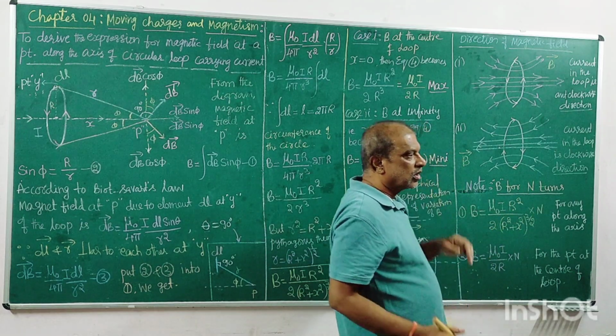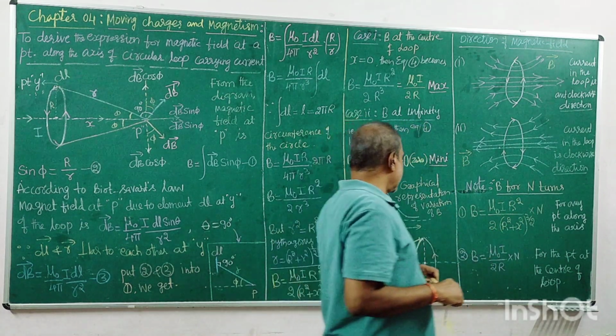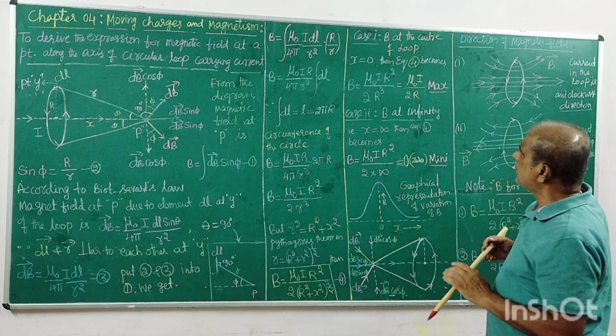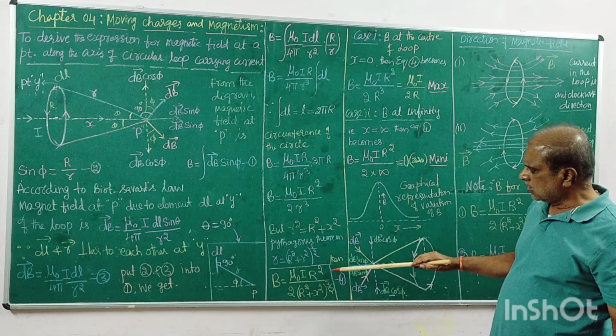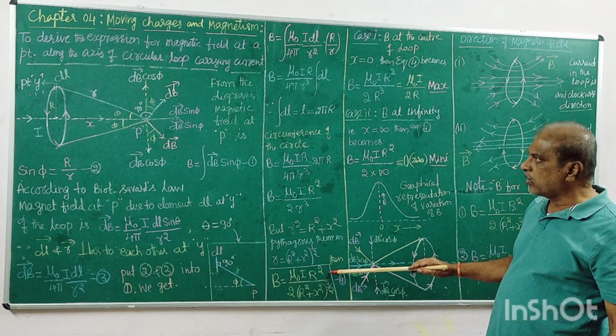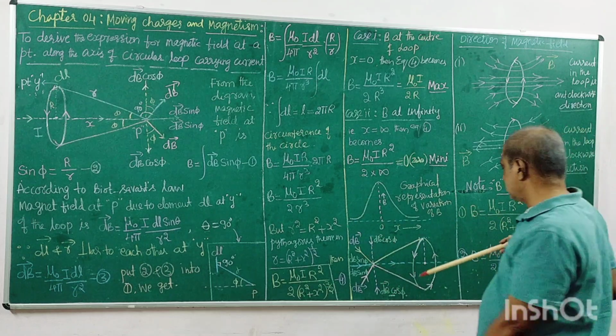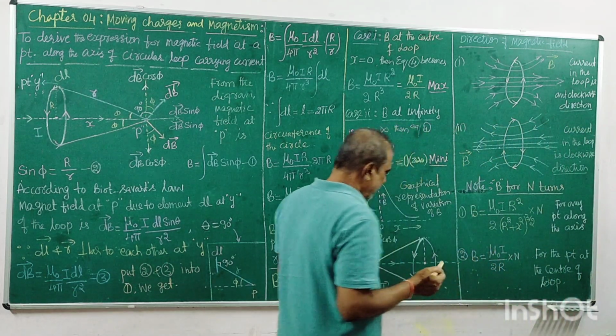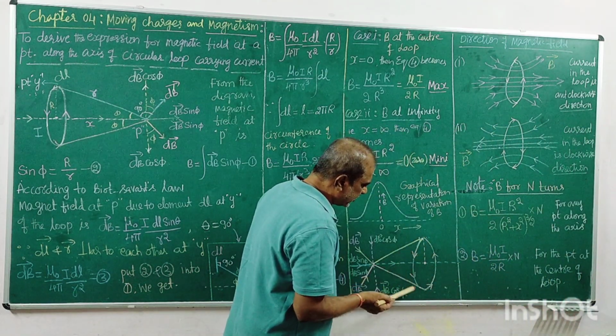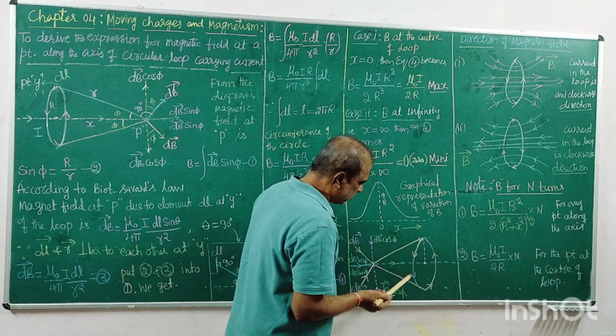And the last one. The expression I have derived here is for only one turn, only one wire. If you increase the number of turns, for one turn this is the value.